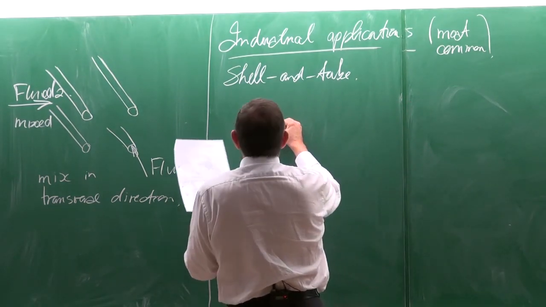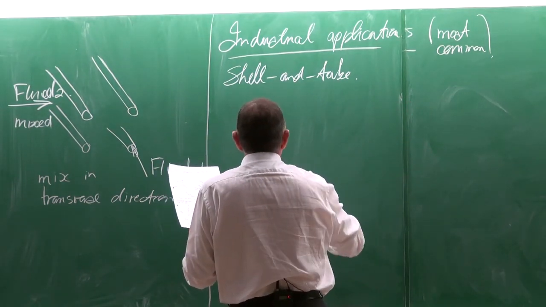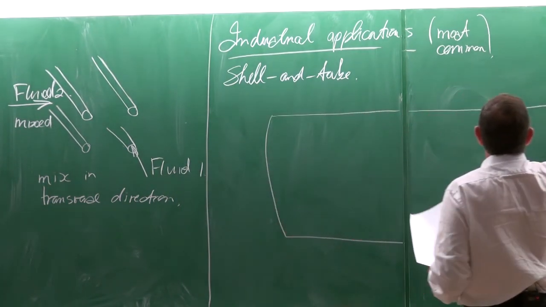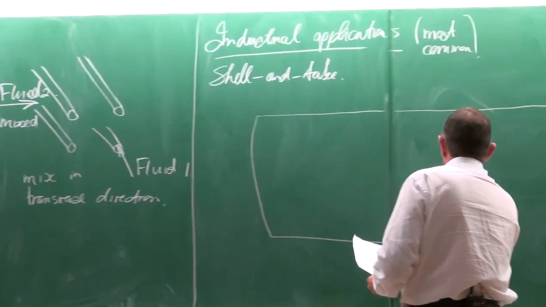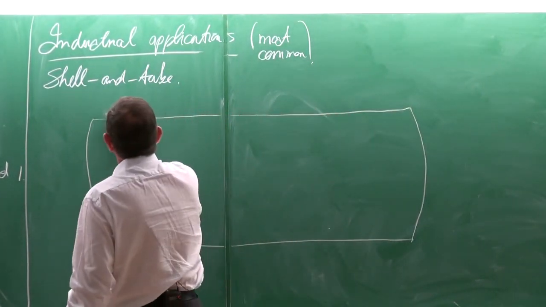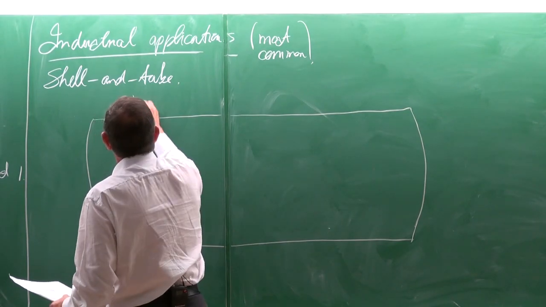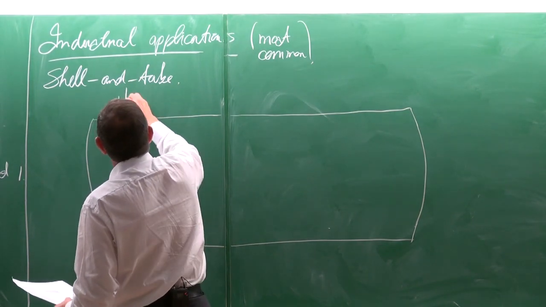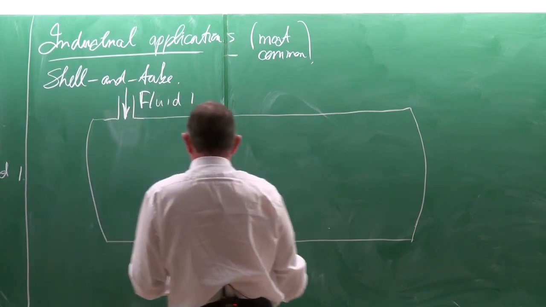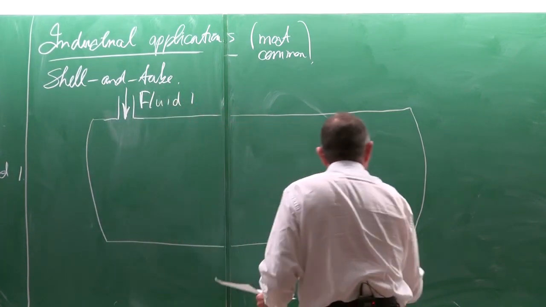You have a shell, that's where the name comes from. So this is the shell, it looks like that. And there will be an inlet for fluid 1. And there will be an outlet.